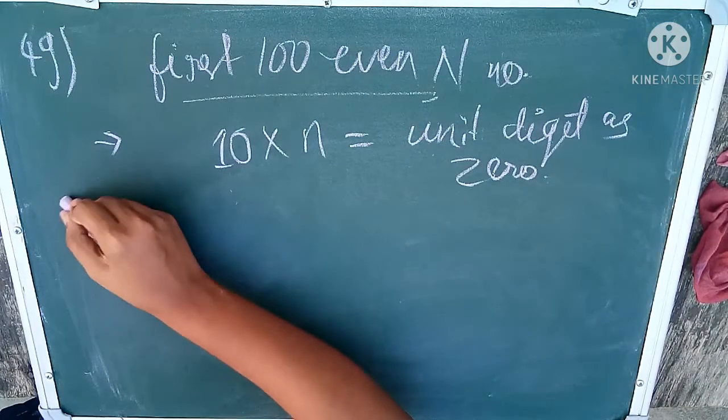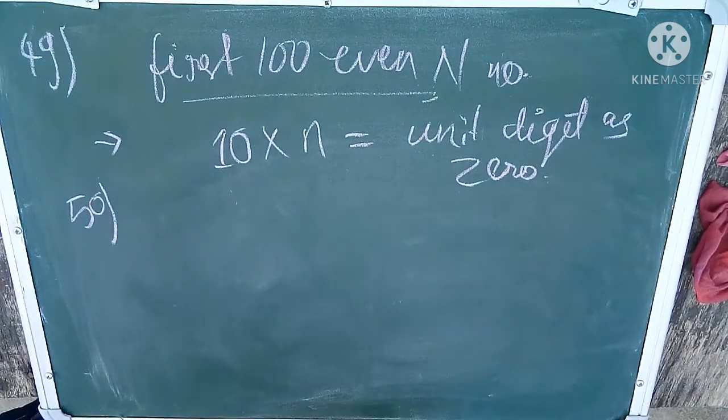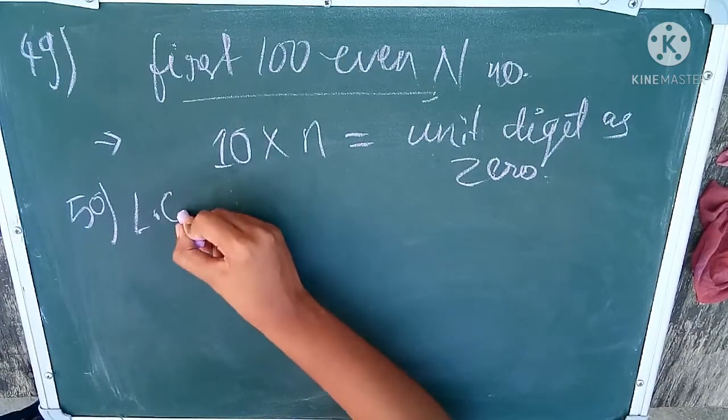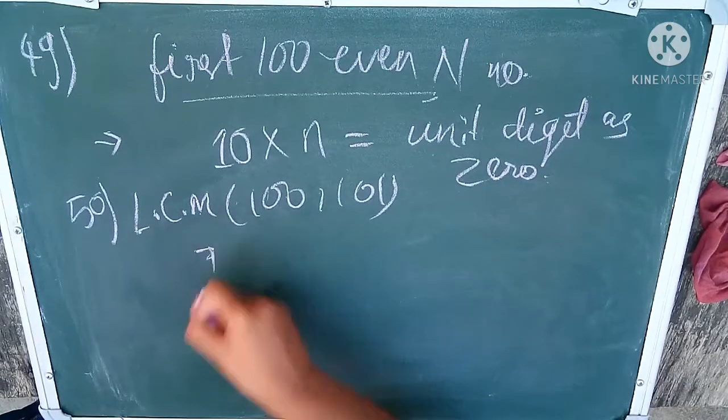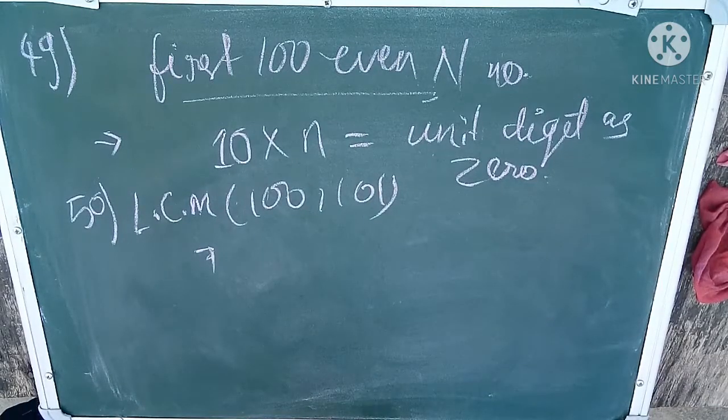Next is question number 50, and here we have to find out the LCM of the given numbers, which are 100 and 101. So we know that to find the LCM, we first take all the common numbers and then all the rest of the numbers, and we do the product of both to find the answer.